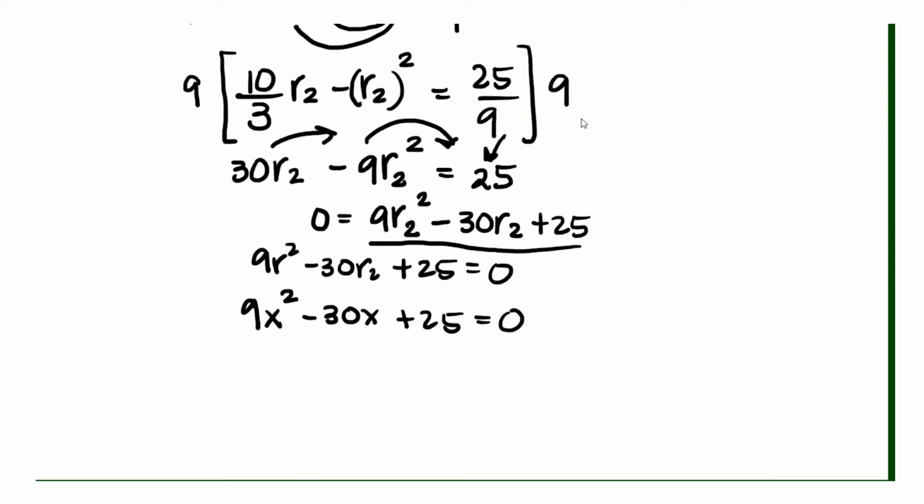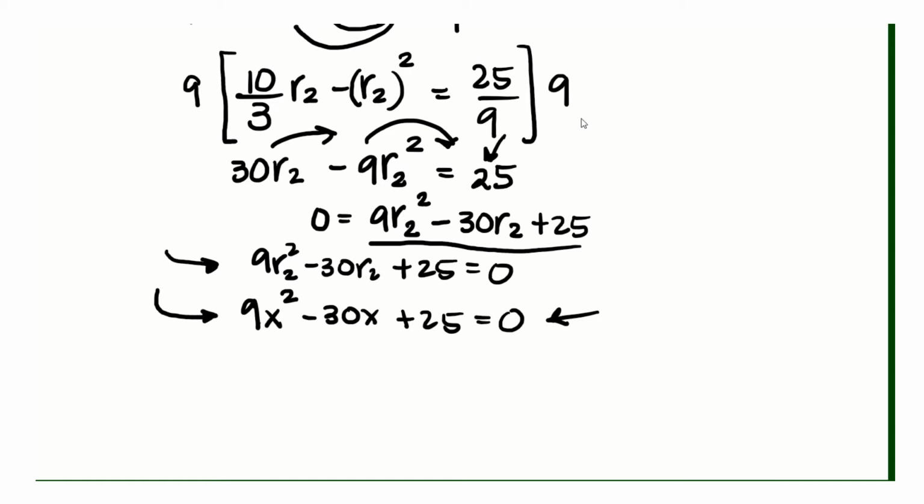So how did it change from 9R2 squared minus 30R2 plus 25 equal to 0? How come I can now immediately say that the equation is 9x squared minus 30x plus 25 equal to 0? And with that, we are done looking for an example of the equation.